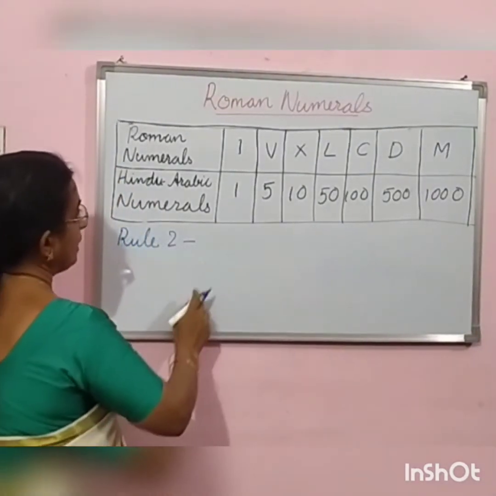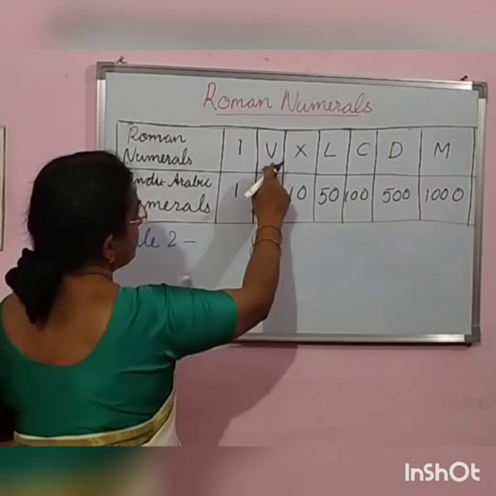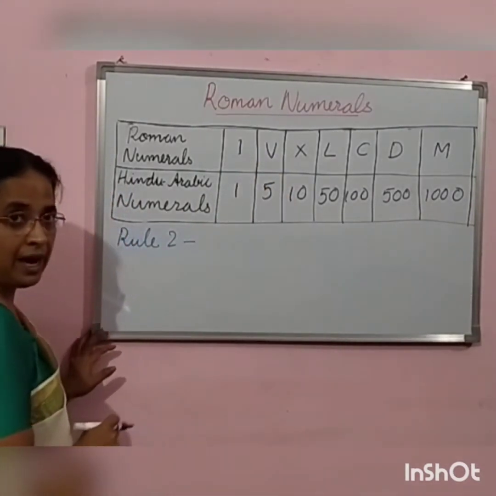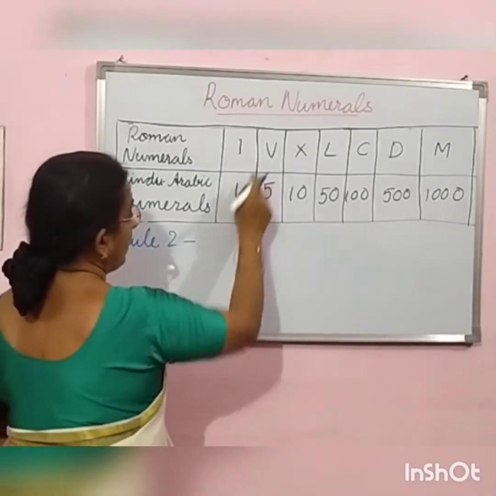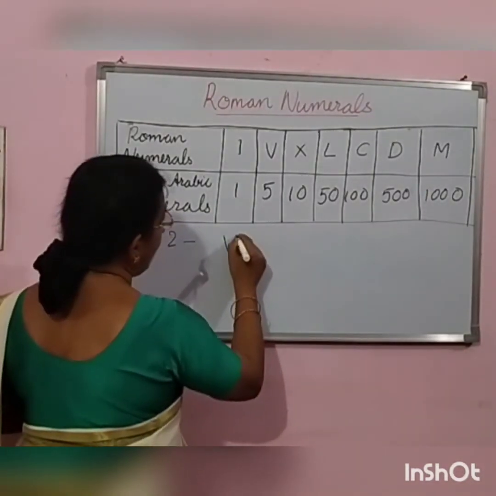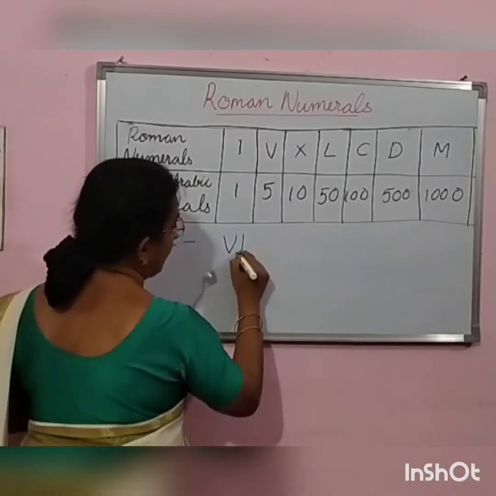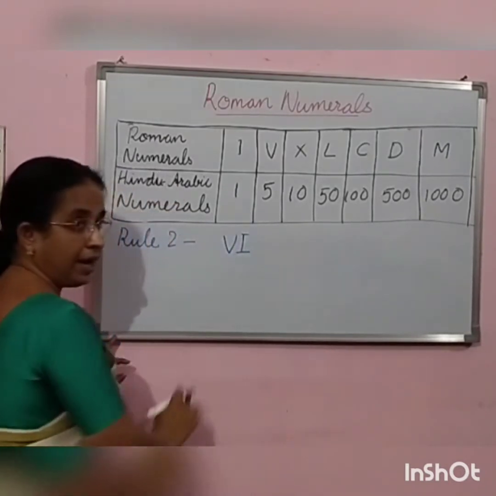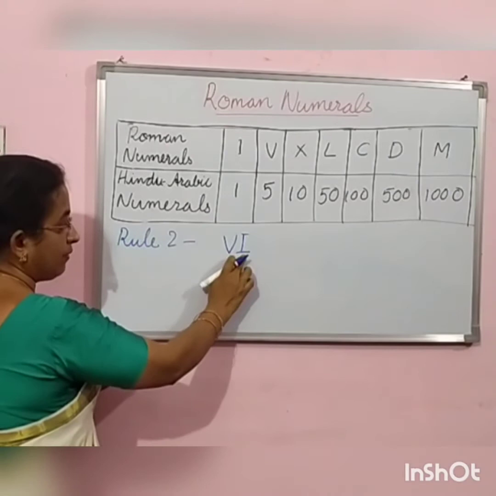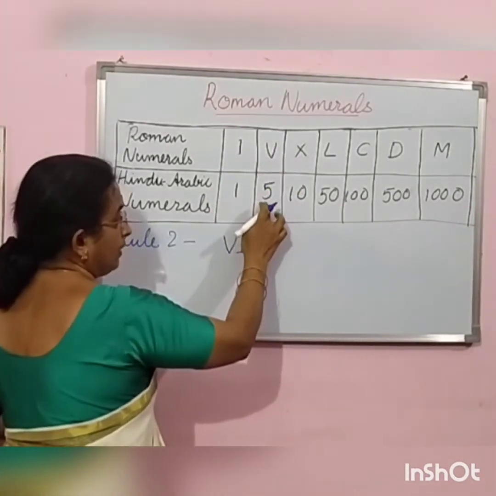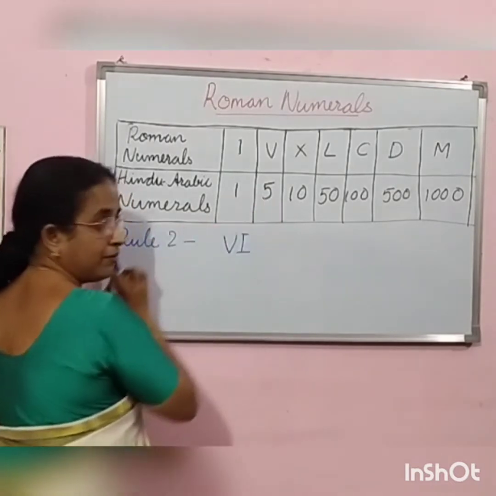Example: I is less than V. Then we write V. After V, we can write I: VI. I means 1, V means 5. Then 1 is smaller than 5.